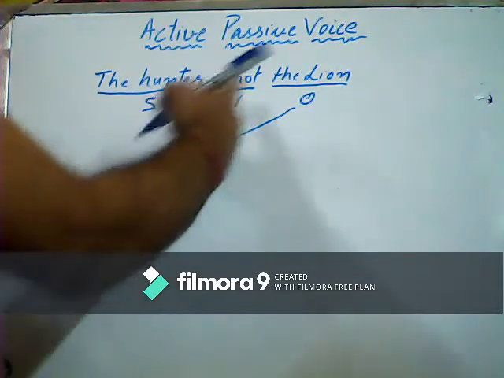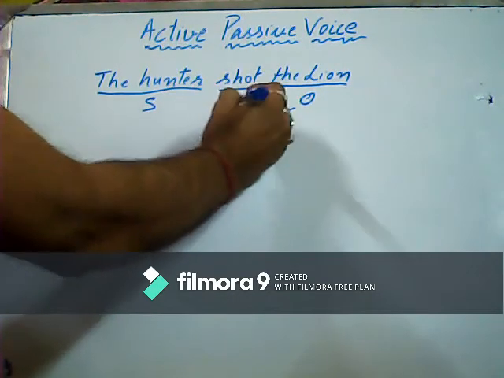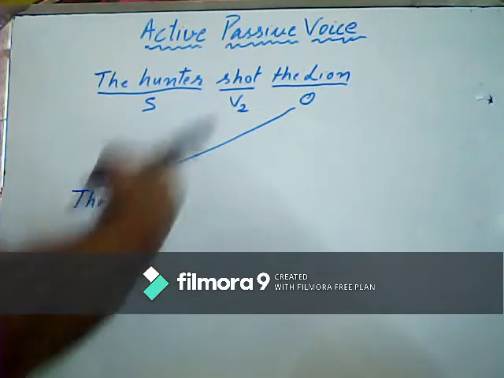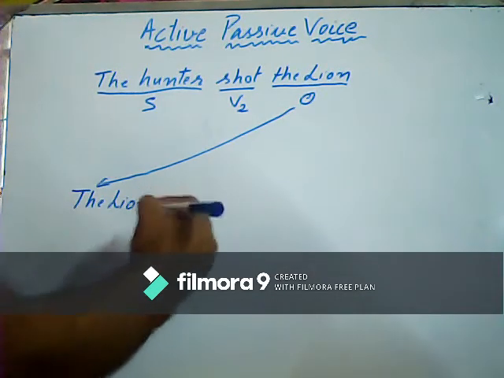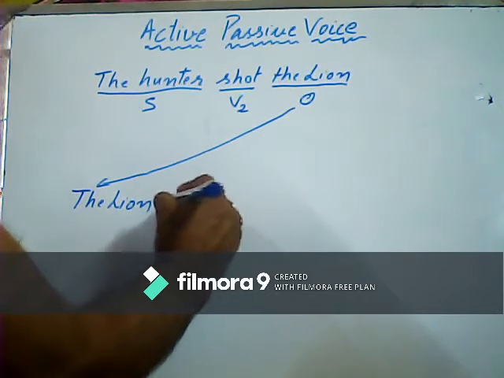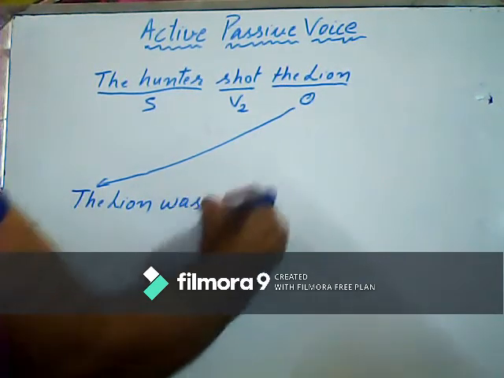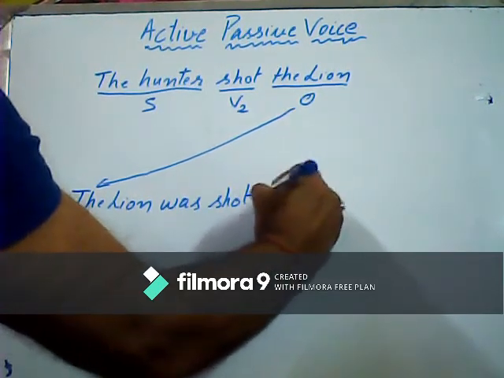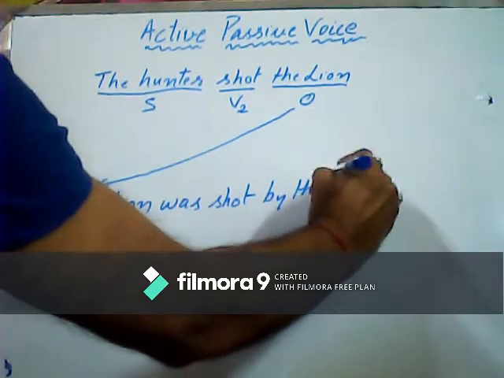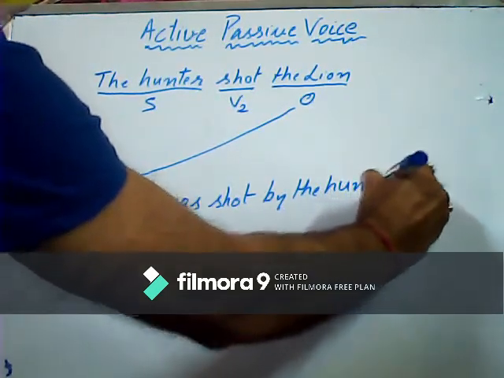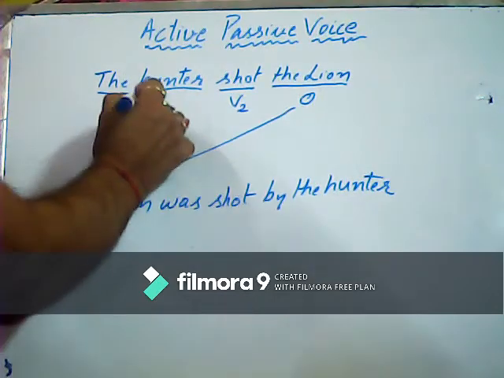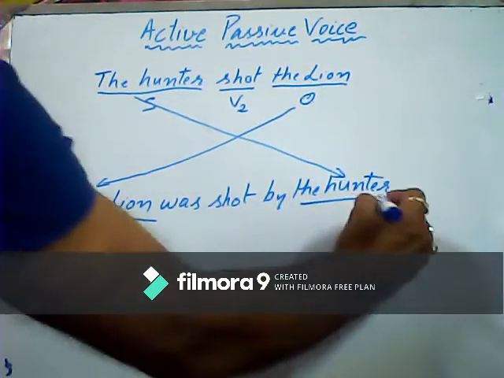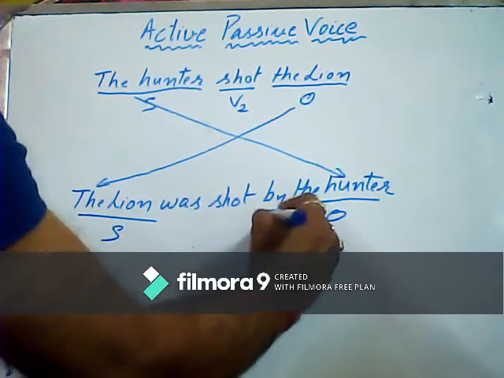Now the object is the subject, the lion. Because the hunter shot the lion, we are using the second form of the verb, so this sentence is in past tense. For past tense we'll use: the lion was shot by the hunter. Now the lion is the subject and the hunter is the object, and we use "by", which is very important.